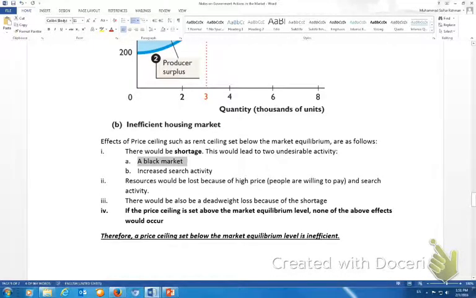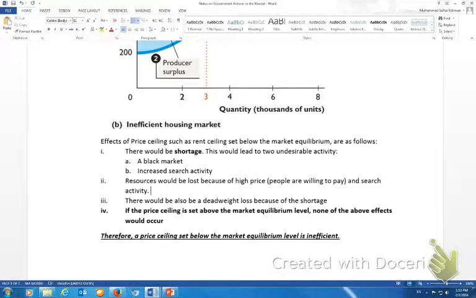Second is that there is going to be increased search activity, which will force people to use additional resources. Resources would be lost because people would be forced to pay a higher price than they would otherwise be willing to pay, and also because of the search activities.